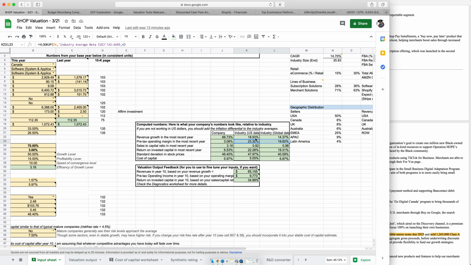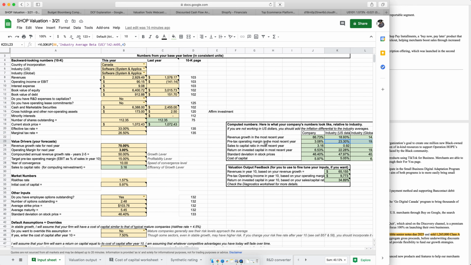Because software as an industry, I would imagine, typically has pretty high margins, especially because you don't usually have a lot of capital commitments. So in general, I took both of these things into account.